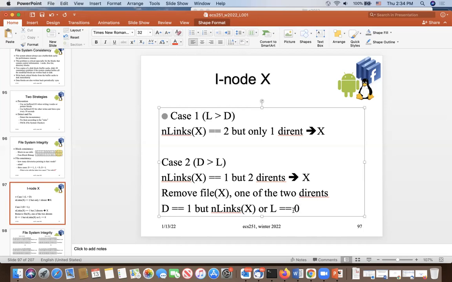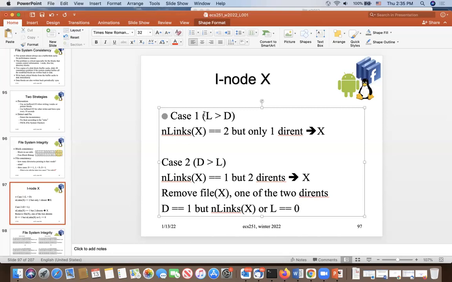And the n-links after the move is supposed to be 1. But somehow the data structure or the timing gets messed up, so that n-links is equal to 1 but both directories are pointing to this X. If you don't handle it correctly, that file could be permanently lost because of this D greater than L issue. Let's just be careful.